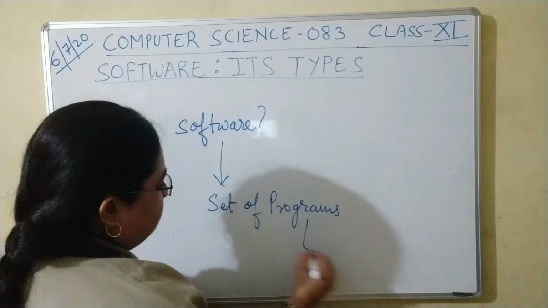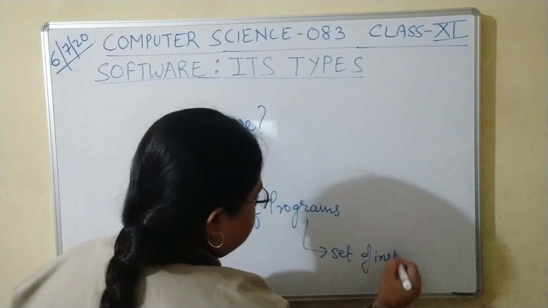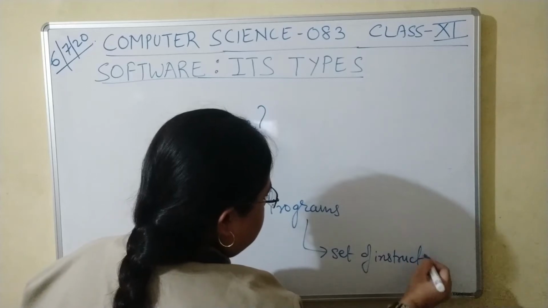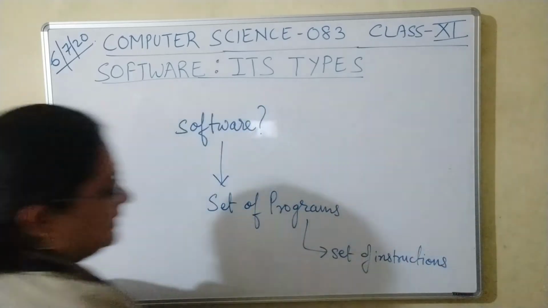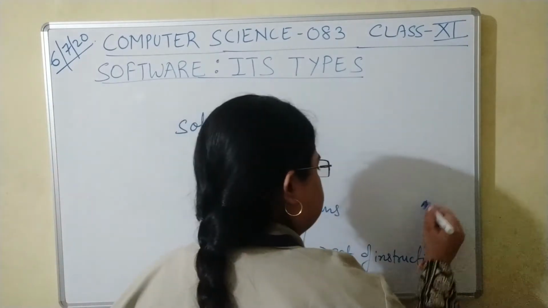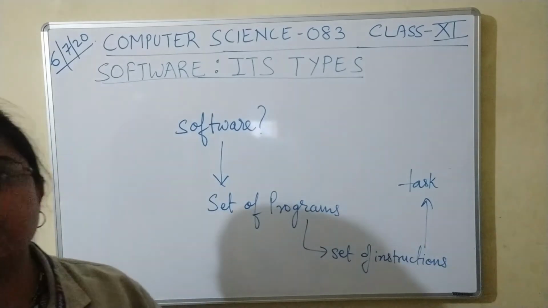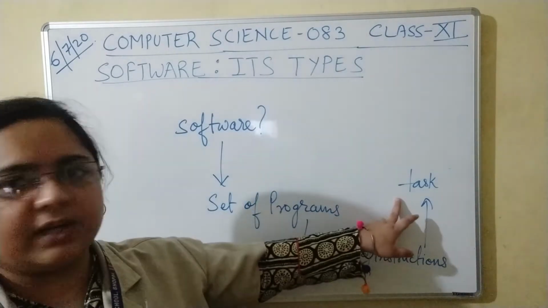What is a program? A program is a set of instructions. So we use a set of instructions in order to perform a definite task. If you have a specific task, you will use these sets of instructions to perform it.